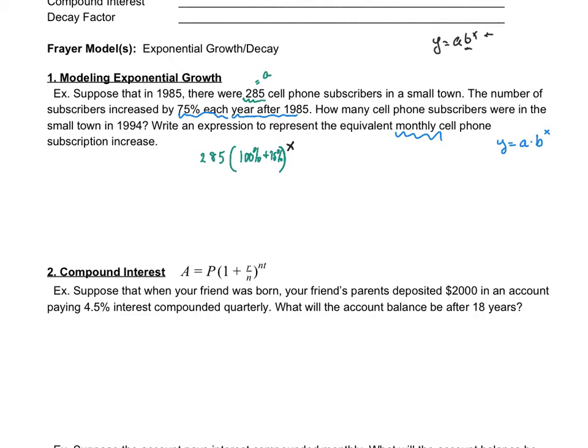Now, x would typically here be in years because 75% is occurring in a year. But we need to break that year down into monthly pieces. So when I do that, I'm going to have 285 times 1.75. I turned 100% and 75% into a decimal, which is 1.75.